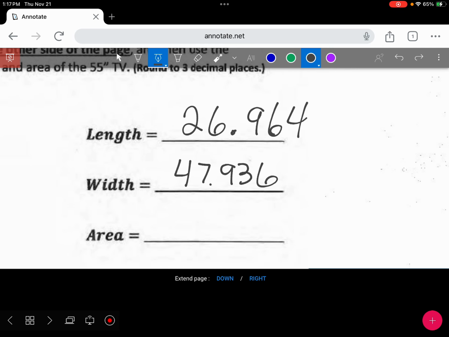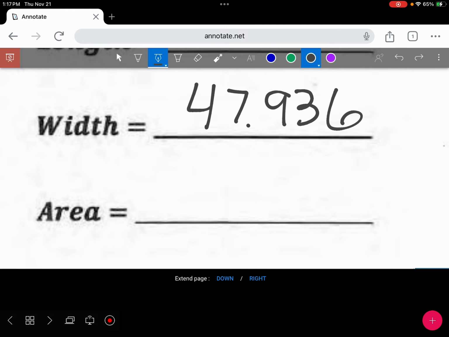So our area should have been something around, what did you guys get? What did we get for our area? Just give me the whole inch, because that should mean we're all pretty matching. Round off to the nearest inch for our area. Should be pretty close.